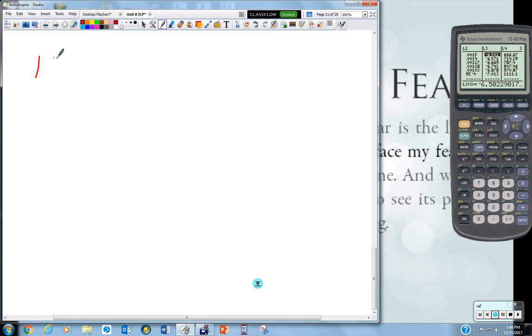So for number 15, you should end up with a second order. You should end up with a K of 0.5475. And you can figure out the rate law based off of that.